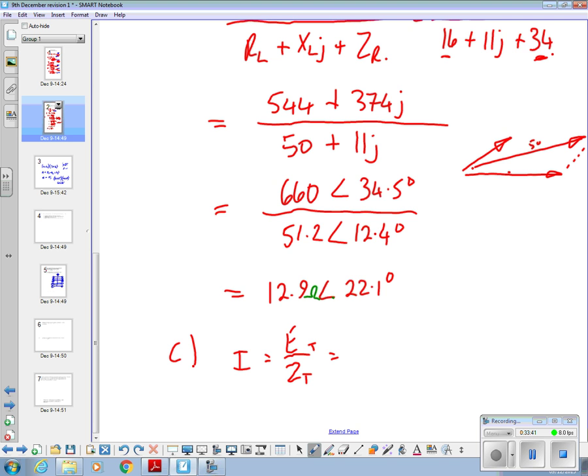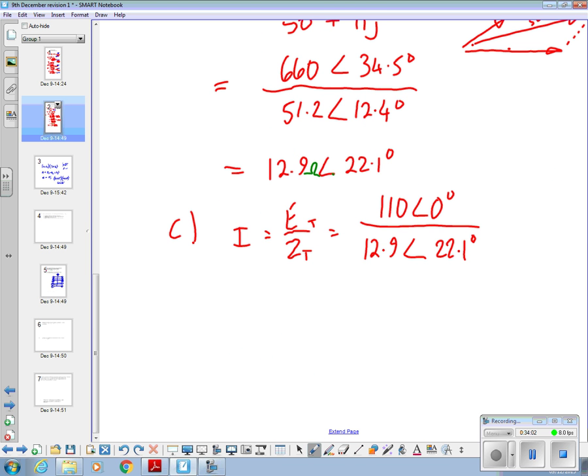Yeah, 110. We could add the angle for completeness if we want to show that. And the total impedance is 12.9, angle 22.1 degrees. The result of that division is angle minus 22.1 degrees.